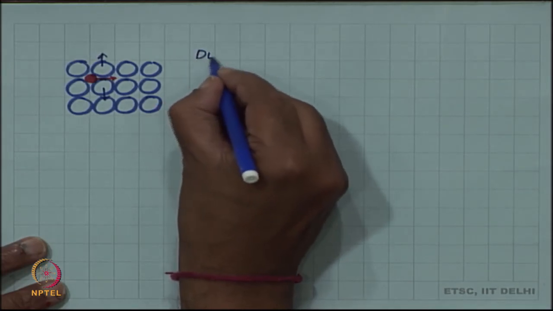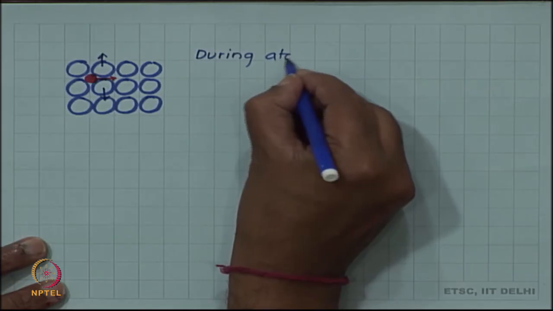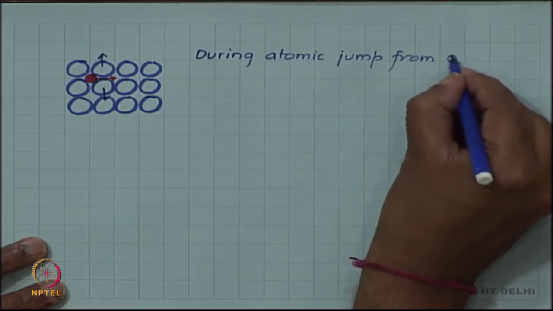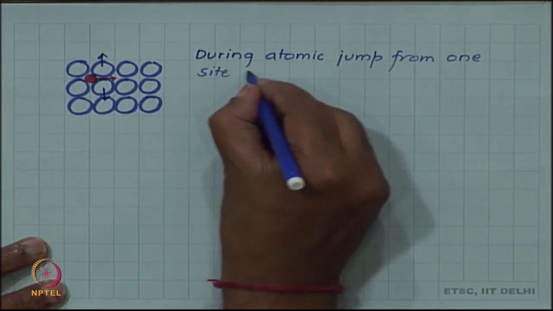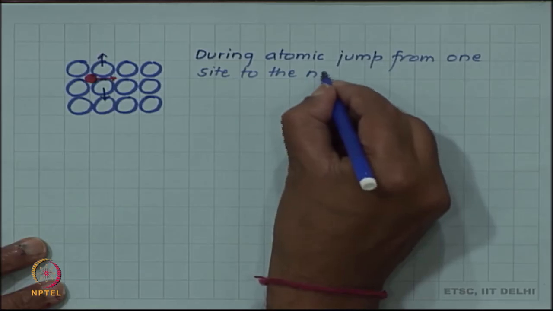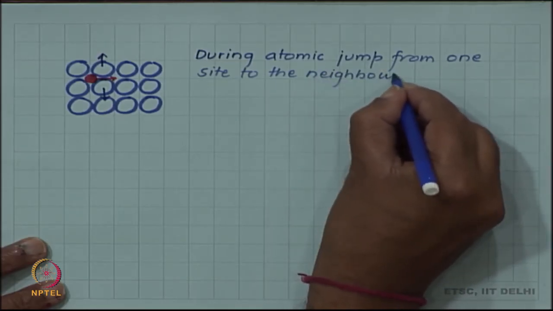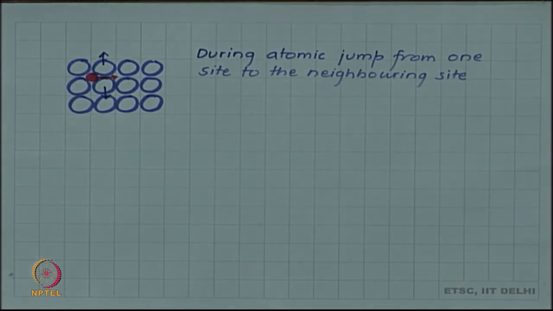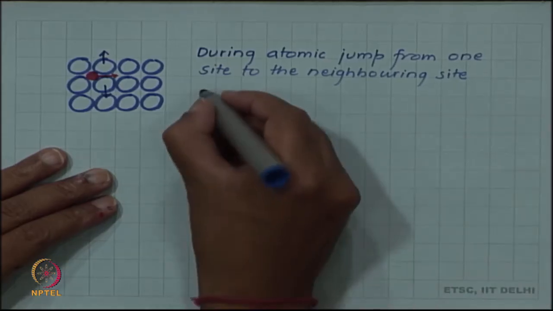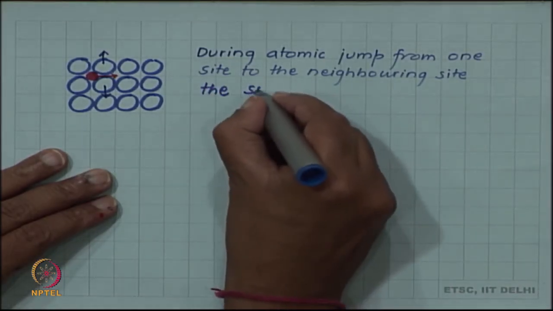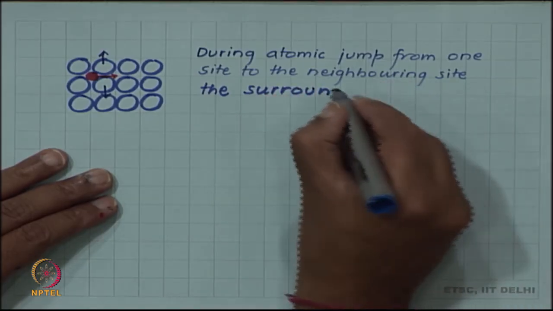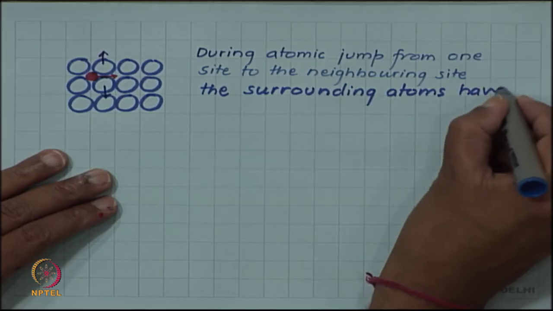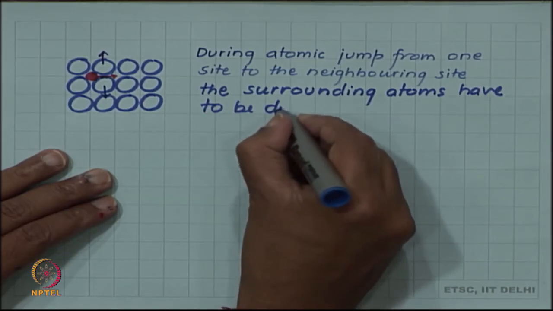So, during atomic jump from one site to the neighboring site, the surrounding atoms have to be displaced.